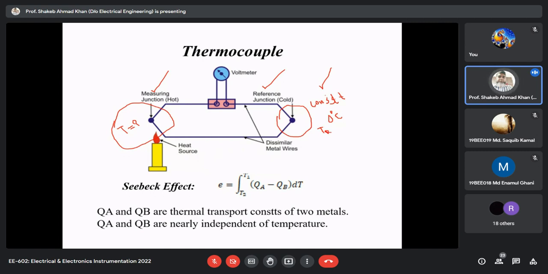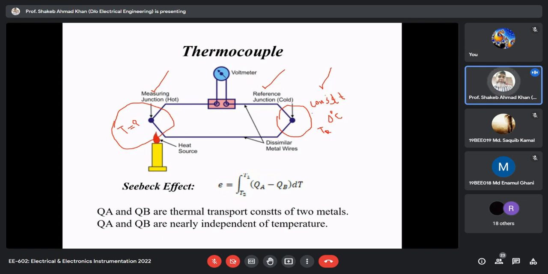I have given you the different conditions. I'm revising and repeating whatever I spoke about, so try to listen carefully and remember it. Keep it in your mind, these are all very important. When we are using a thermocouple as a temperature sensor, one of the junctions is called the measurement junction, and this junction is exposed to the temperature which we are interested in measuring.